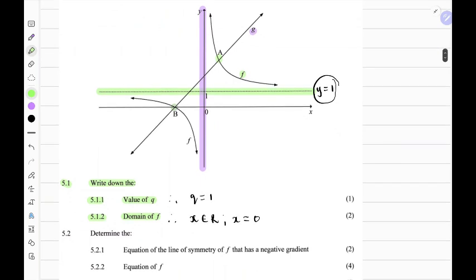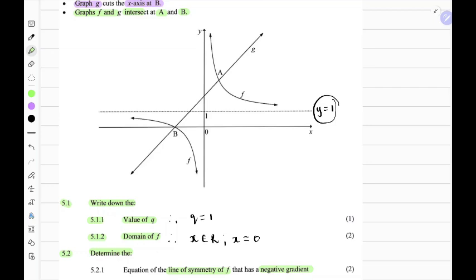So the next question says determine the equation of the line of symmetry of f that has a negative gradient. So they want the equation of the line of symmetry for the hyperbola.